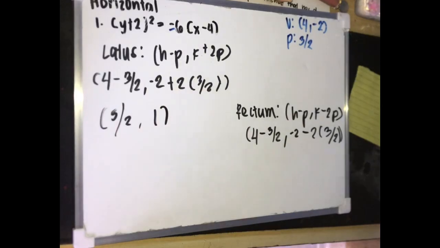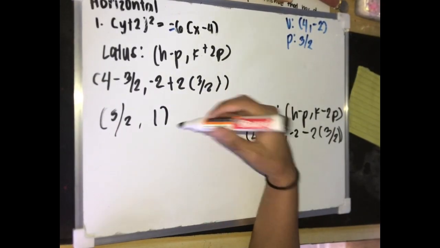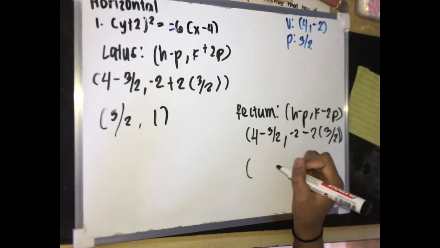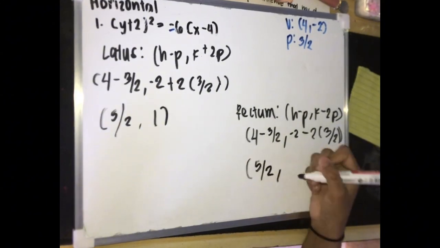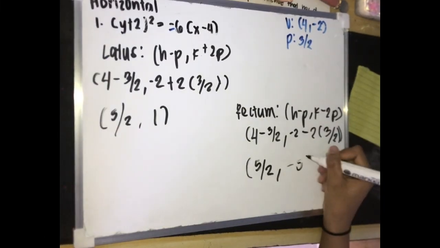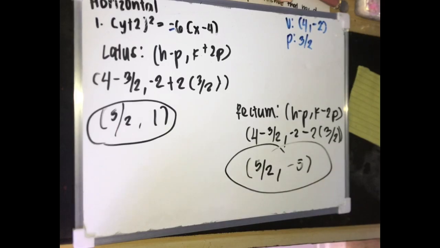The answer is 1. If you're going to solve it na direct lang, 1 ang sagot. So here, ang answer is 5/2, and using the calculator, it will be negative 5. So, ito yung latus natin, and this will be the rectum.